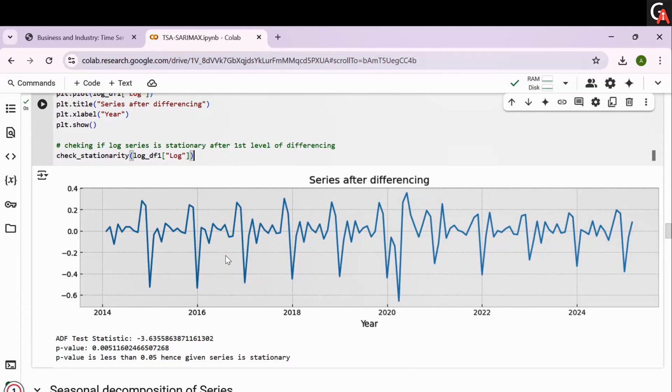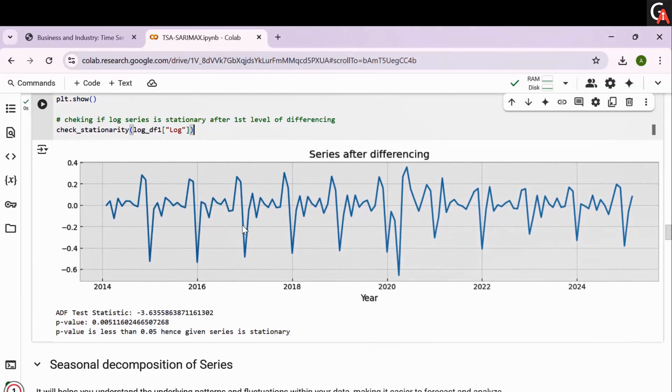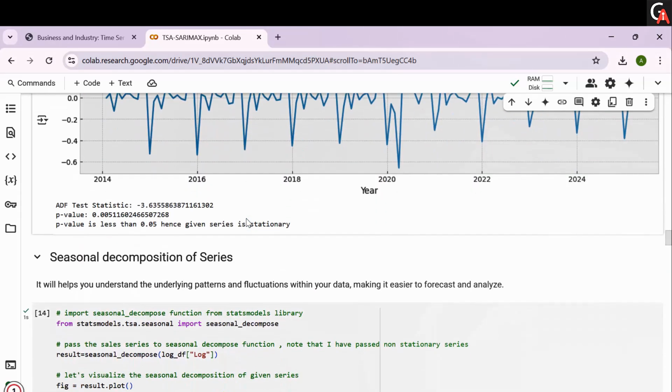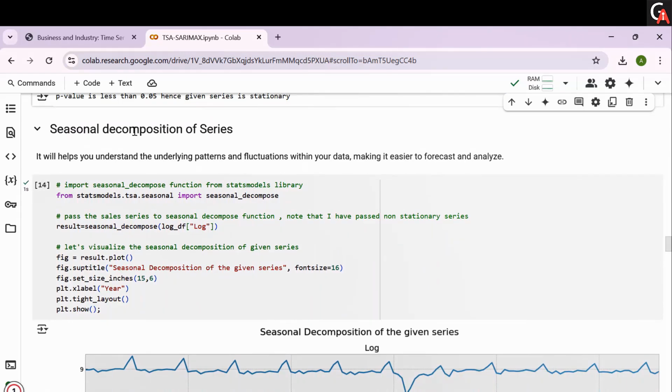So the next step after this is to check the seasonal decomposition of this logarithmic series. So how can we check the seasonal decomposition? This seasonal decomposition will help us break down that particular series into four components. The first component is the actual component that we have provided. Second one is the trend component.